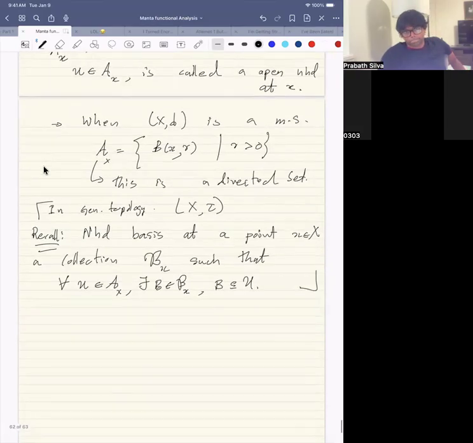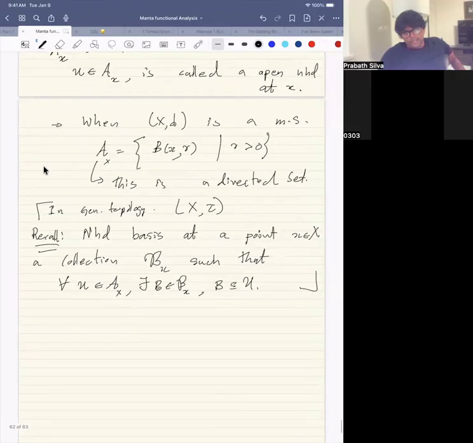Okay, and you can show that when you talk about limits, we don't have to use the full neighborhood basis.